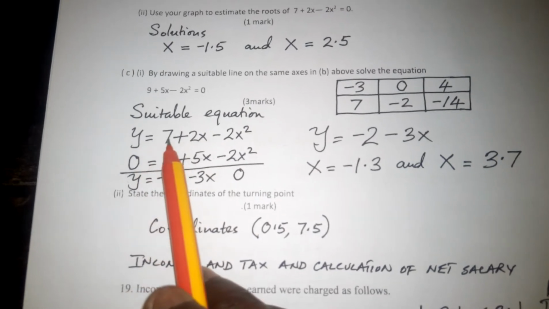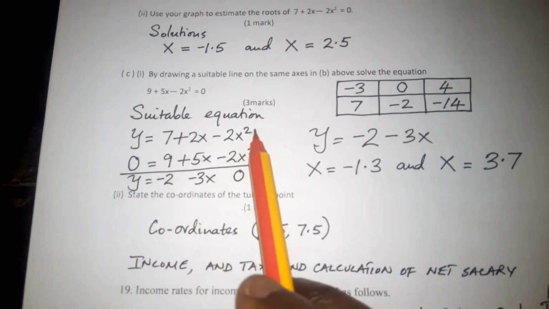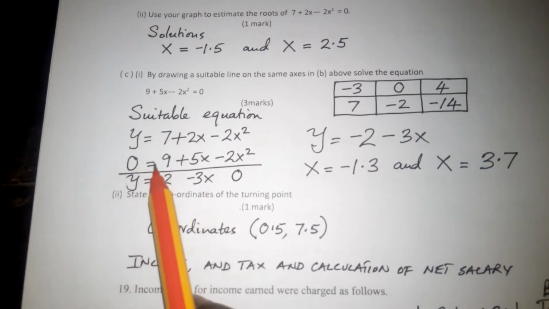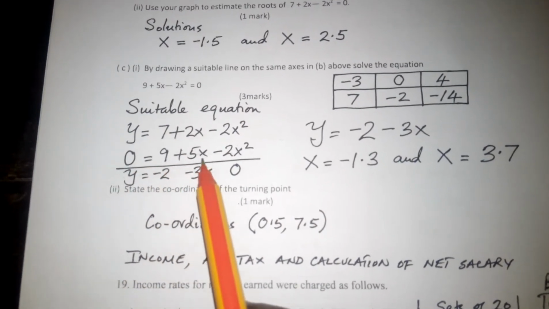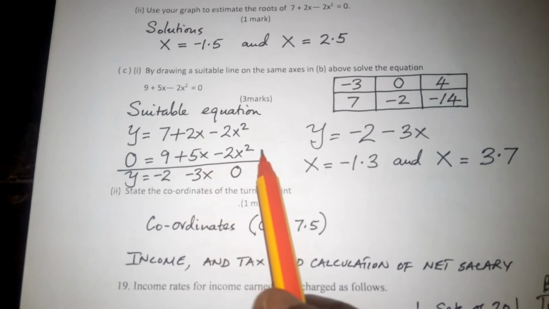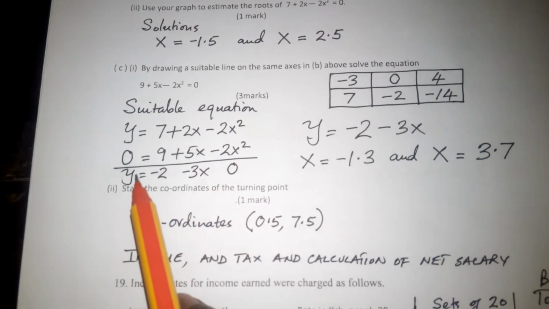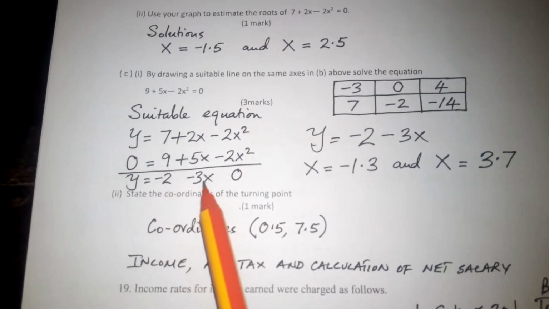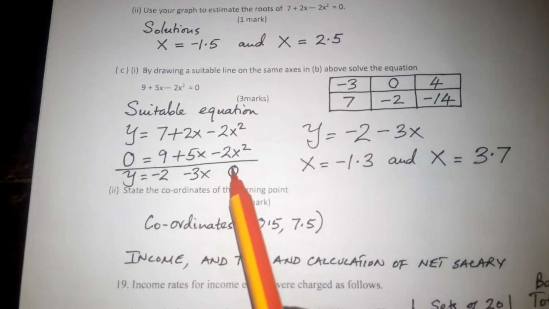Having y is equals to 7 plus 2x minus 2x squared, then you subtract the equation 0 equals 9 plus 5x minus 2x squared, and that leaves us with y is equals to -2 plus -3x plus 0.